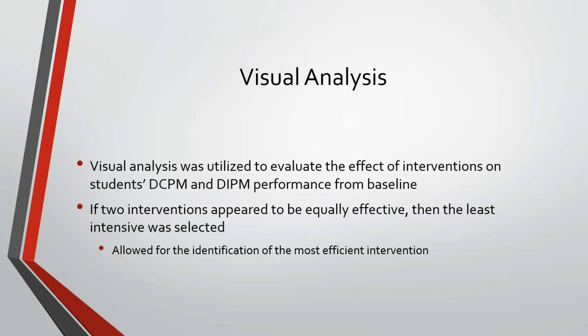And this allows for the most efficient intervention being selected. So for example, if students are performing equally with repeated practice and cover, copy, compare with repeated practice, then we're going to choose the repeated practice since it lacks the modeling and cover, copy, compare component, which is much more time intensive.